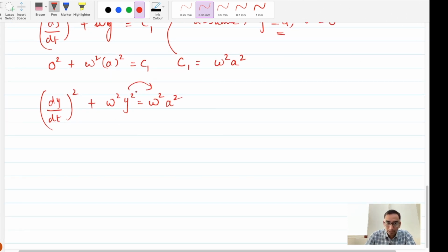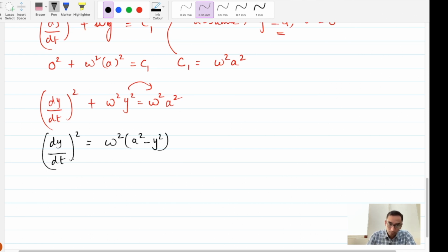Taking this on the other side, (dy/dt) whole square is equal to omega square times (a square minus y square). Omega square was common. Now, this is velocity square.